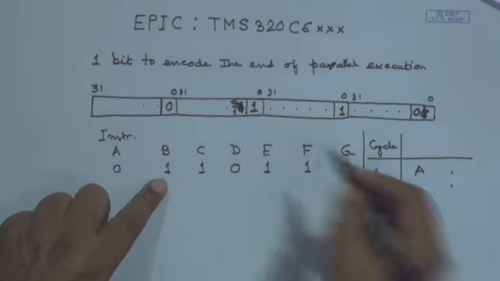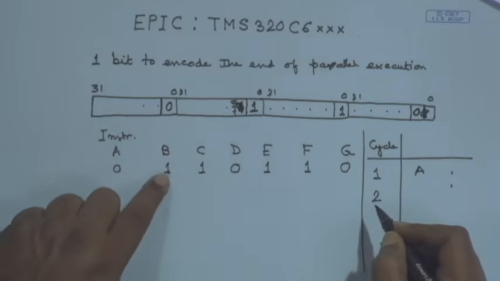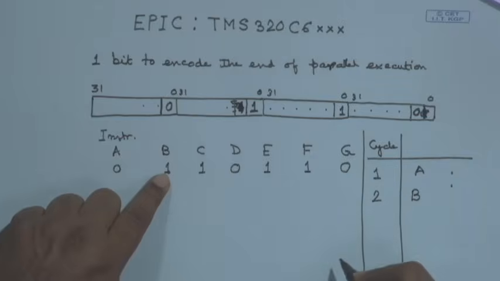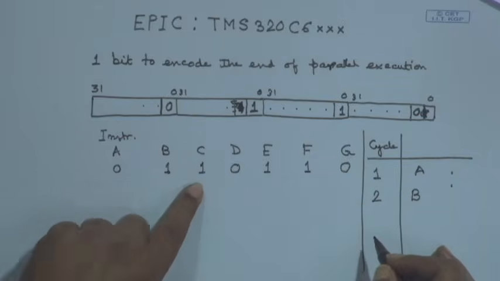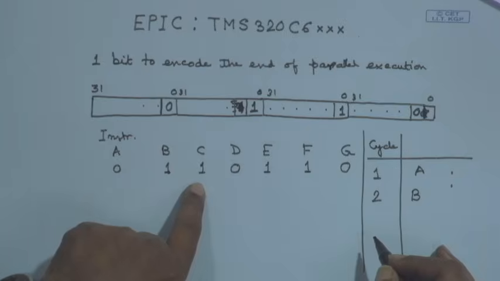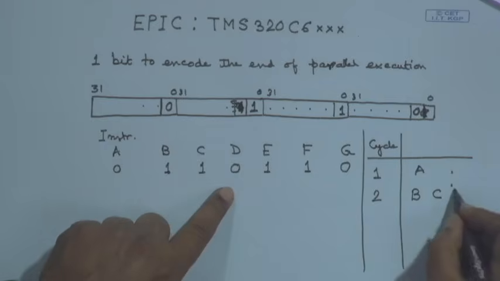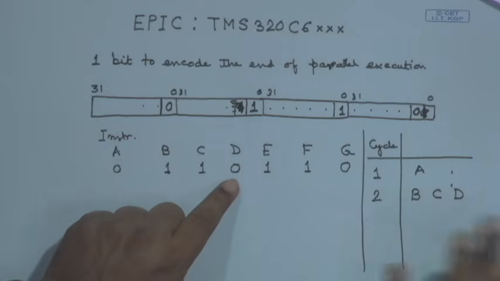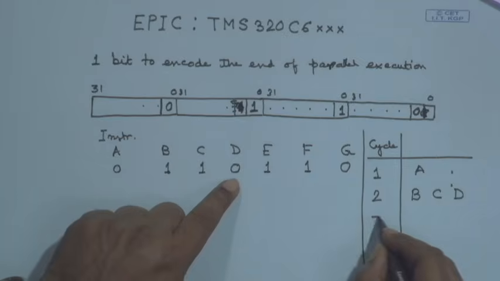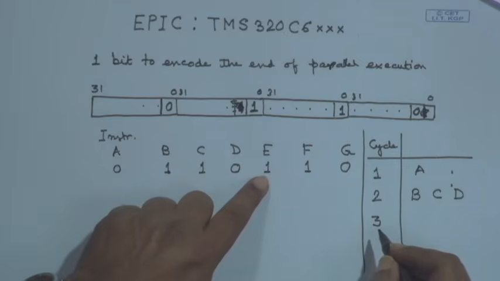But when I come to B in cycle 2, B says let C be executed in parallel with me. C says let D be executed in parallel with me. D says no. Cycle 3 starts with E.